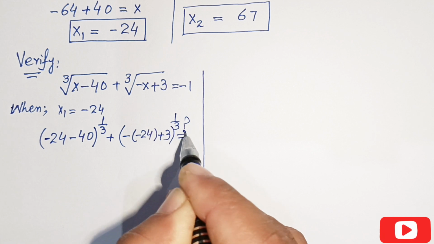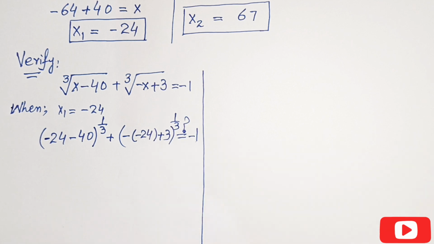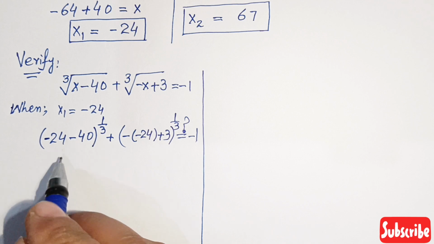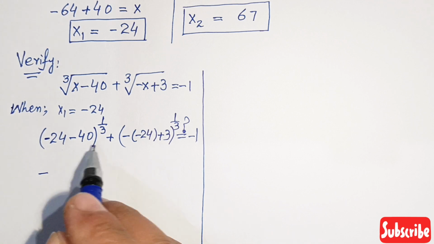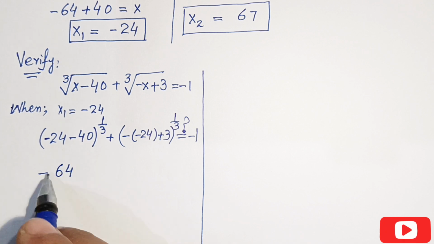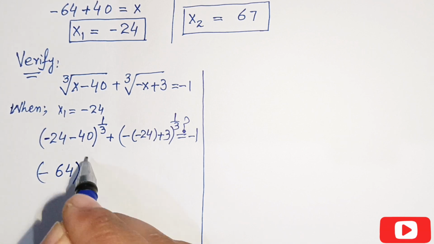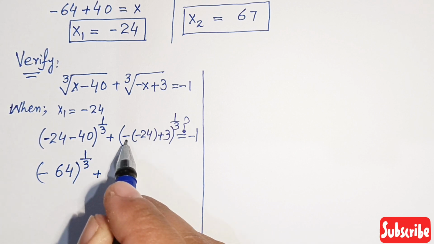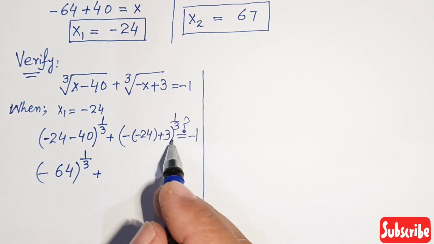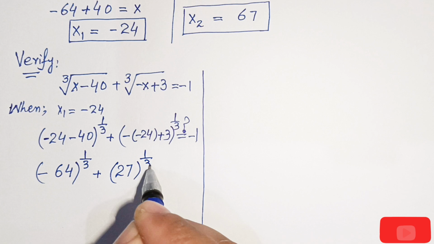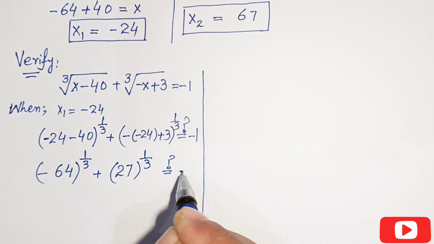Is it equal to minus 1? Now minus 24 minus 40 is minus 64, whole to the power 1 over 3. Similarly, plus, minus times minus is plus, 24 plus 3 is 27, whole to the power 1 over 3. Is it equal to minus 1?